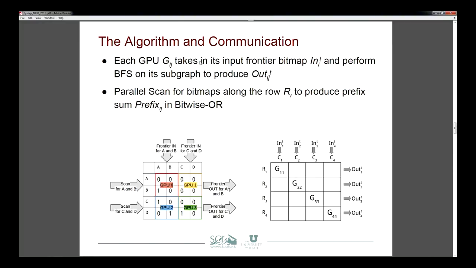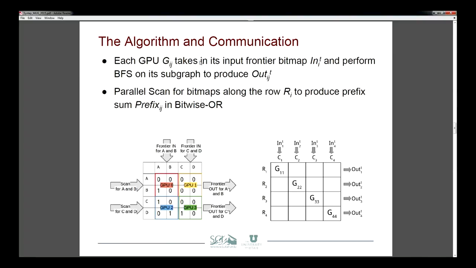And then the partitions in each column, if we're looking at the matrix here, share a section of the vertex IDs for their out vertices, which means that we need to take the partial frontier from both of the partitions in the column and merge them together to get the global section of the frontier.